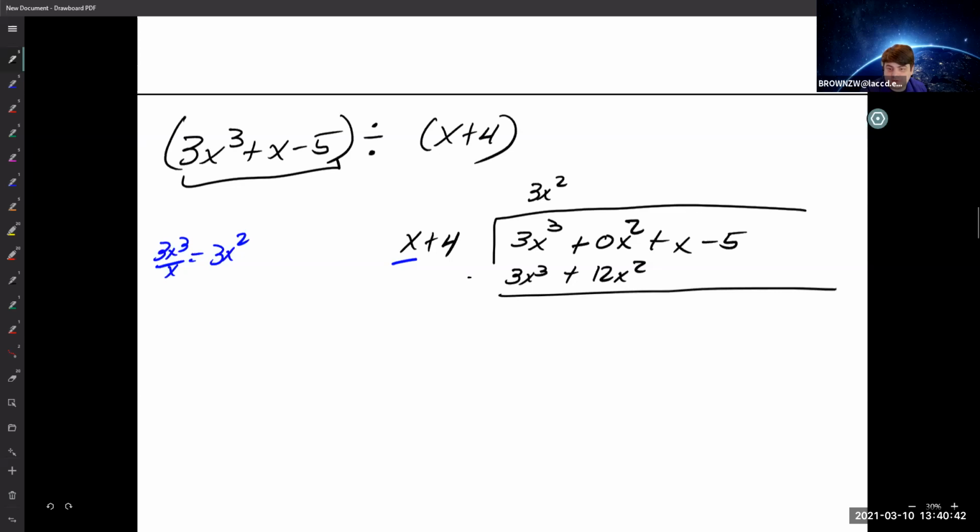Okay, once again, normally we'd be subtracting, but I'm not going to subtract. I'm going to add, oops, let's do that. I'm going to add the opposite signs. So we cancel out on the first one, and then this first term, 0 plus a negative 12, will leave me negative 12x squared. And bring down my next term of positive x. All right, now we're taking x into negative 12x squared.